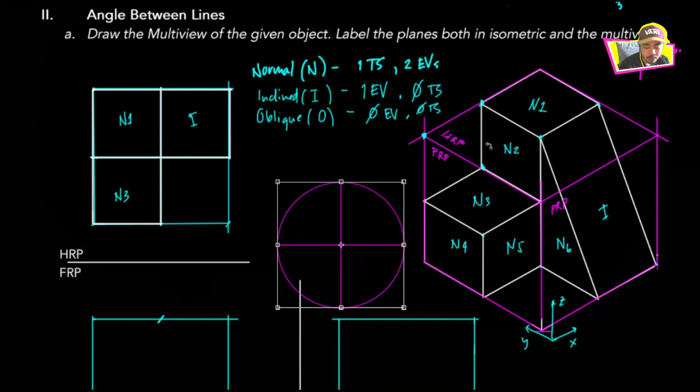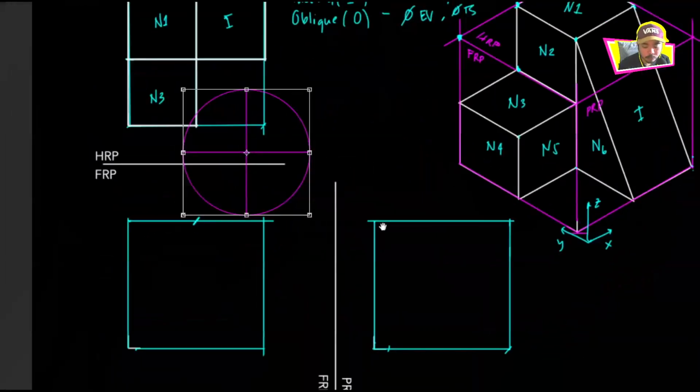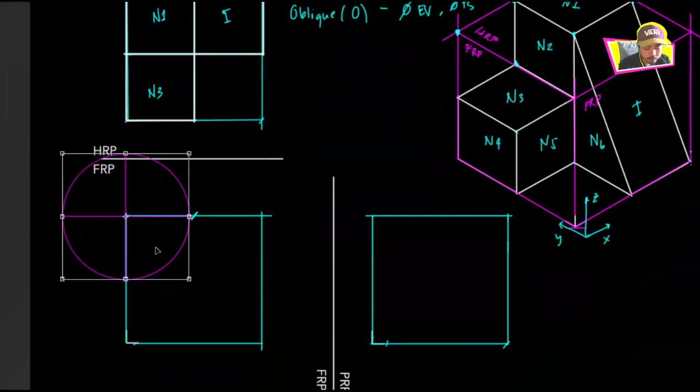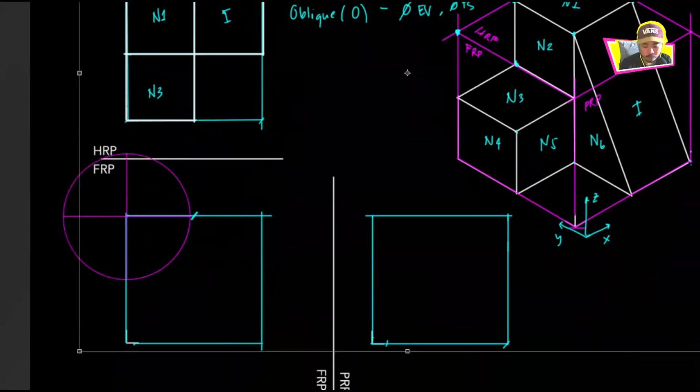If you project it upwards, it appears parallel, and if you project it dito naman sa side na to, they will appear parallel as well. Okay, so ito yung half the distance of the height in the z direction.